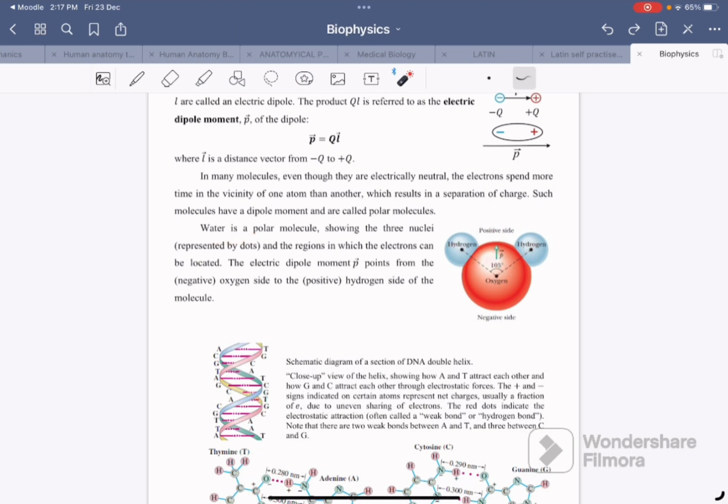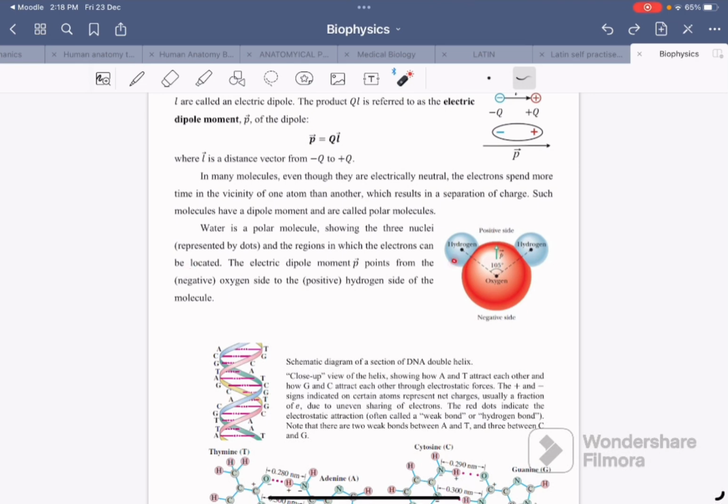Water is a polar molecule, for example, showing the three nuclei represented by dots, as I've just shown you, and the region in which the electron can be located.